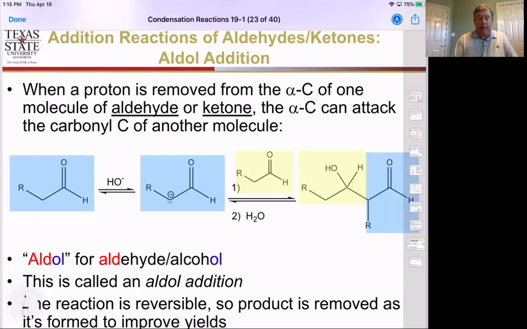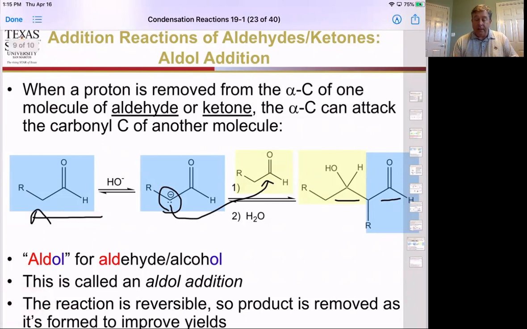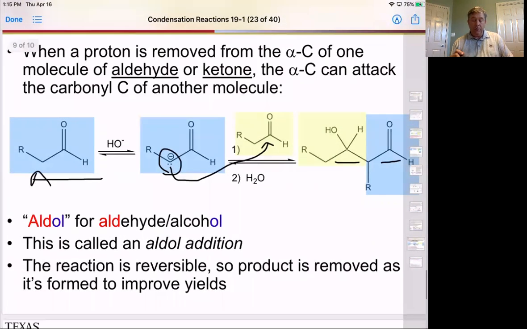So in the traditional Aldol reaction, we take an aldehyde right here with two alpha hydrogens, and we create the enolate, and then that reacts with another carbonyl of another aldehyde to generate this beta hydroxy aldehyde, okay? Now, because this reaction is reversible, we tend to remove the product as it's formed, either by precipitation or other means, such that we can stop it at that reaction, because another equivalent can come and attack this carbonyl if necessary.